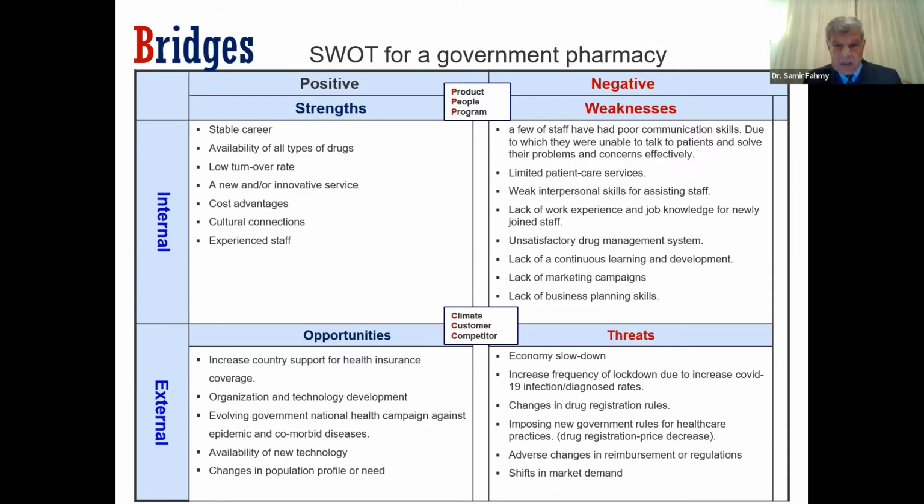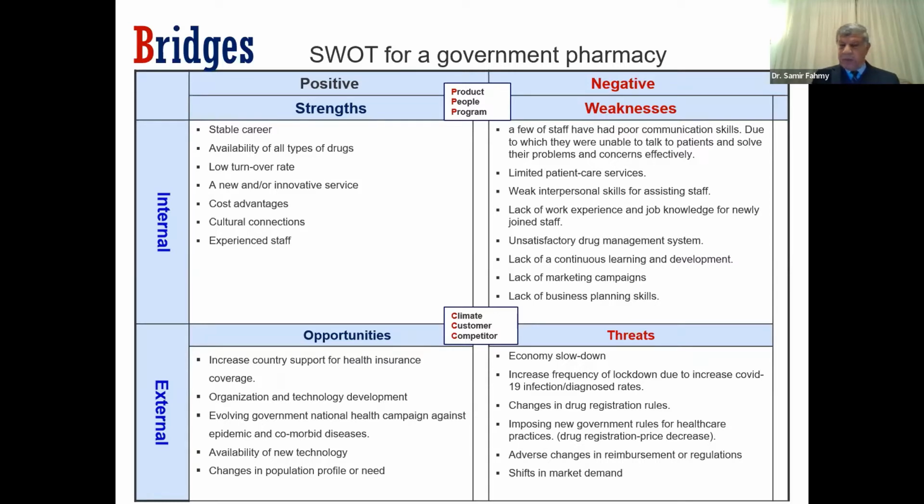How about the weaknesses? Few of the staff have poor communication skills, especially those working behind the curtain, in the stores. They don't have the opportunity to work with people, so they are unable to talk to patients and solve their problems and concerns effectively. This might happen if you do restructuring or reallocation or rotation.